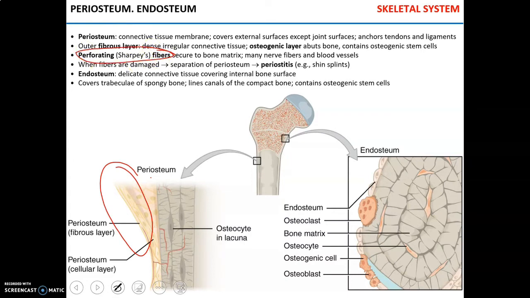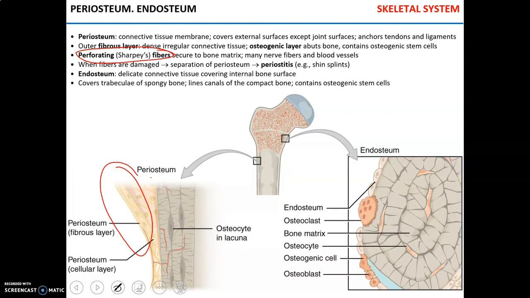So the Sharpey's fibers secure periosteum to the bone. They contain many nerve fibers, many blood vessels, and sometimes as a result of overexertion, these fibers get damaged and the periosteum separates.